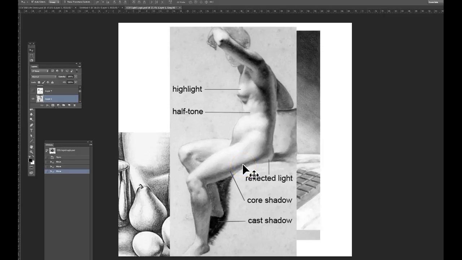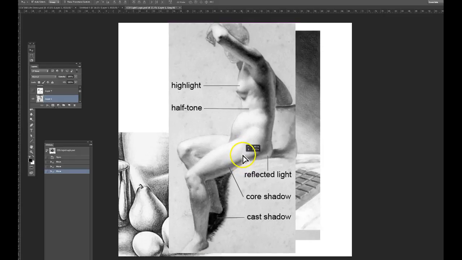A figure can be broken down into basic geometric shapes as well. So you've got your highlight, halftone, reflected light, core shadow, and cast shadow. The cast shadow is what's happening outside of your object or figure, where you're also looking for the darkest part where there's no light hitting, and this is happening over here as well.